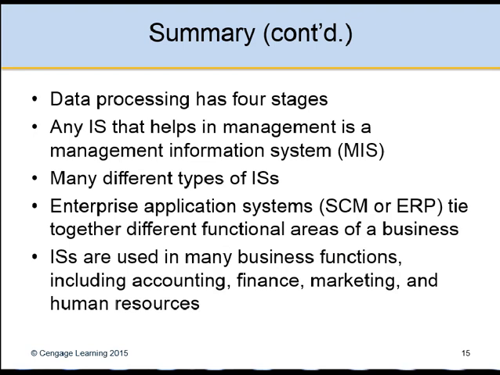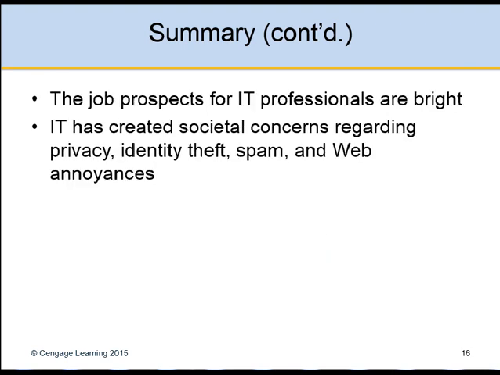Information systems are used in many different business functions, including accounting, finance, marketing, and human resources. The job prospects for IT professionals are bright, and IT has created societal concerns regarding identity theft, privacy, spam, and web annoyances.